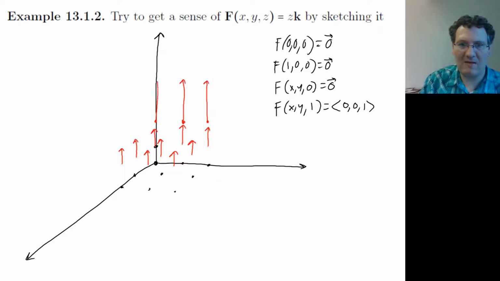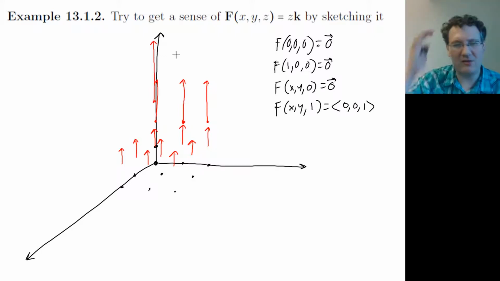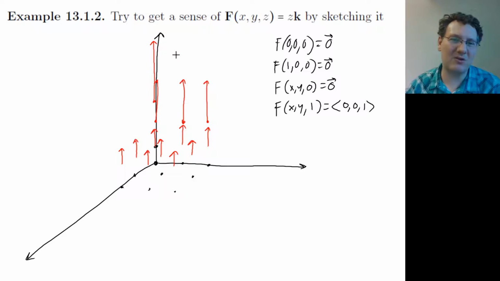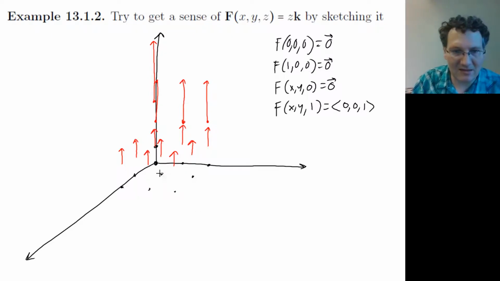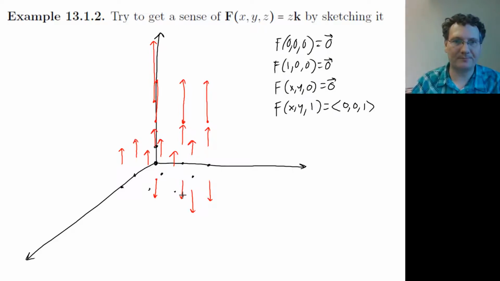So what you would have is these vectors that are all going to be going up, and the magnitude of them is going to be proportional to the z value. Of course, down below the axis, if you go down here, they'd be all going down, right? So you'd have this series of vectors all pointing away from the xy plane.